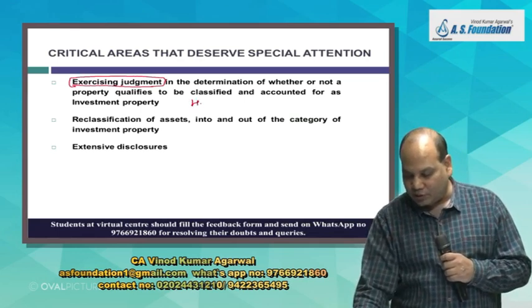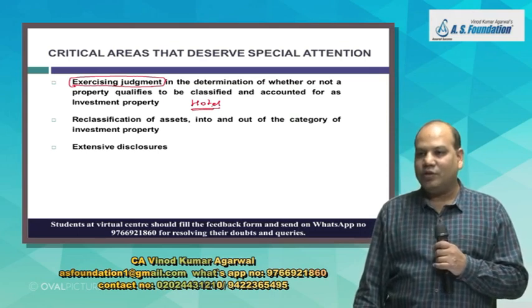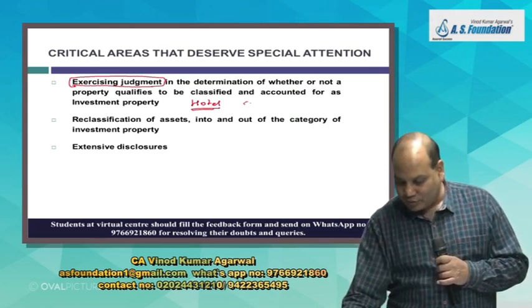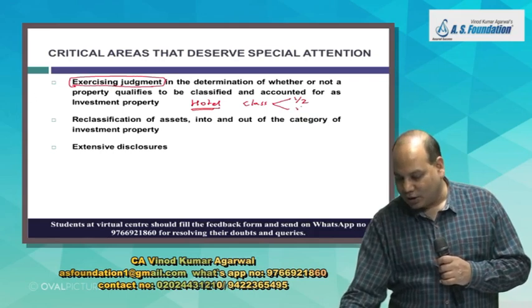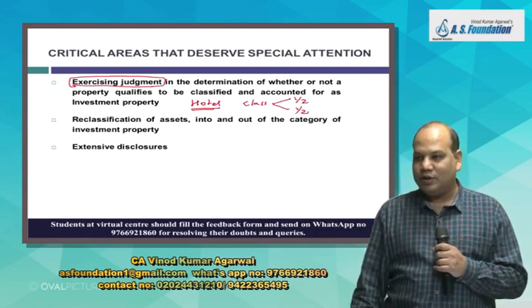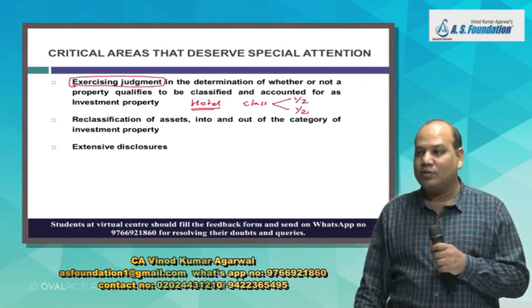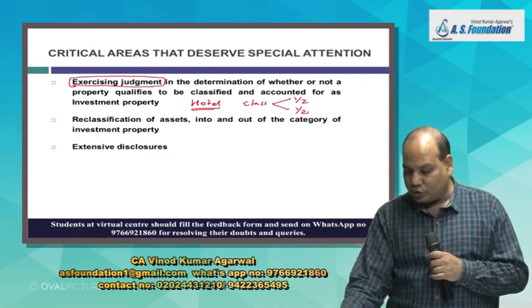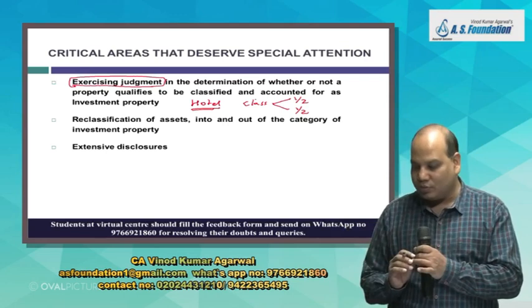For example, there is a hotel. Is it an investment property? Okay. Or this is my classroom. Half of it is given on rent, half of it is used for teaching by ourselves. Whether this will be treated as investment property or not. Okay. So this first few minutes will be discussing such typical issues.